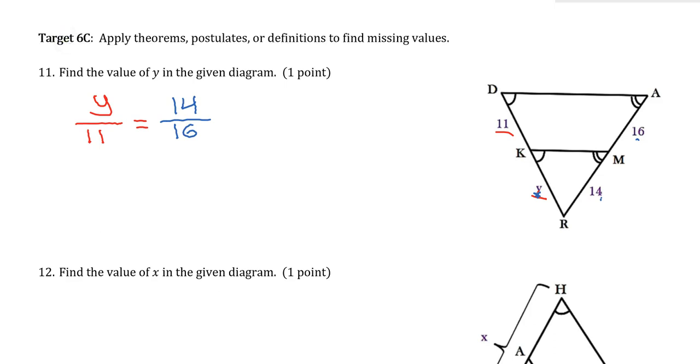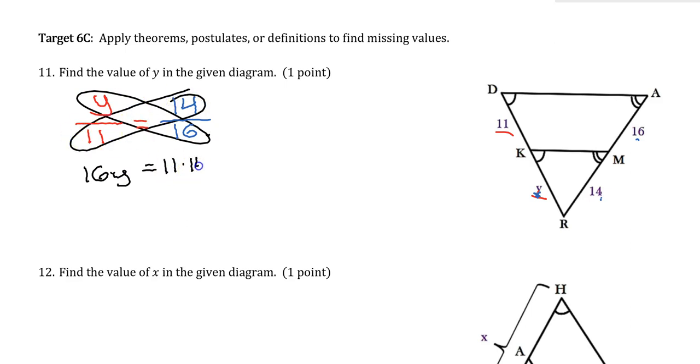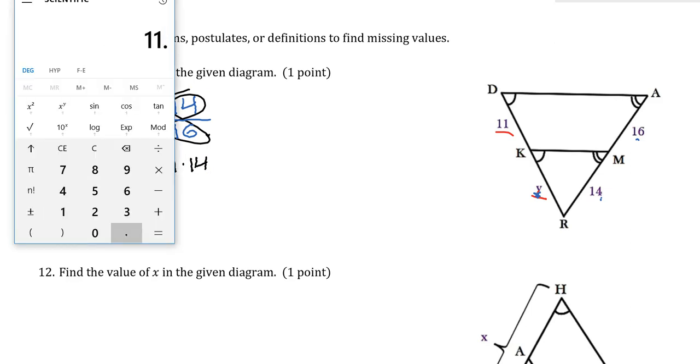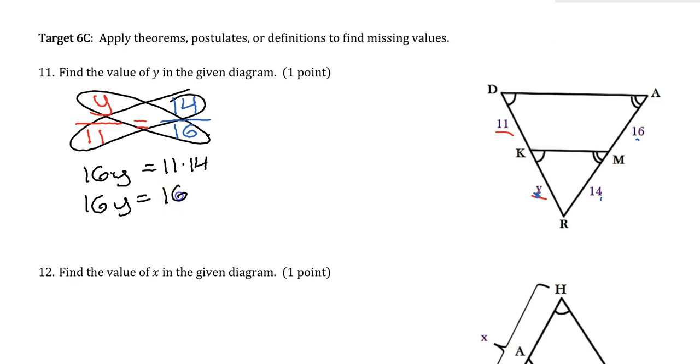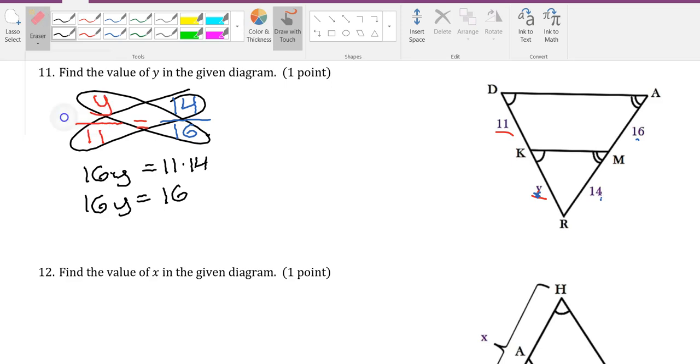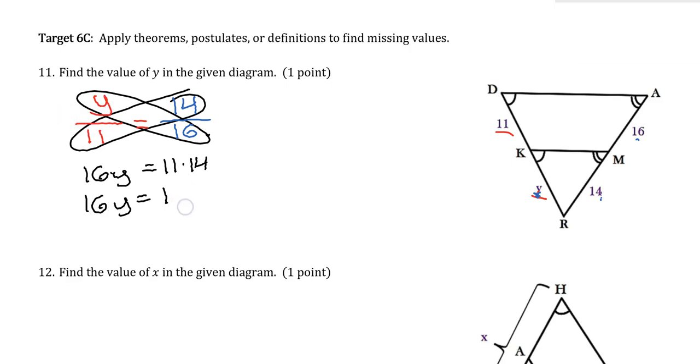And once you set up your proportion, you're just multiplying. I have 16y, or 16 times y, equals 11 times 14. So 16y equals 11 times 14, which is 154.